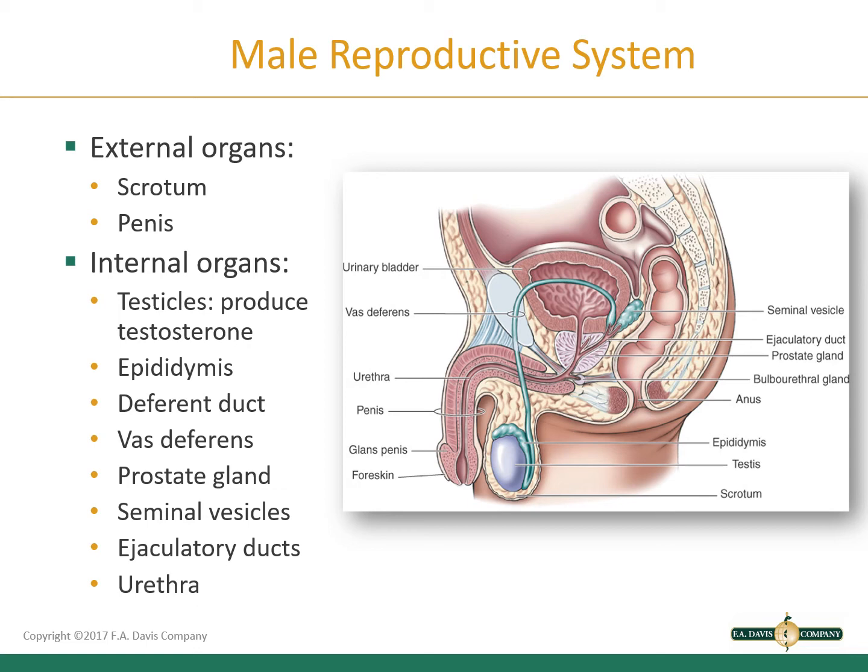The tubules are supported by loose connective tissue. This connective tissue contains groups of interstitial cells which secrete the hormone testosterone. Testosterone helps promote the development of male reproductive organs and the secondary male characteristics, like hair growth and deeper voice, that occur during puberty.